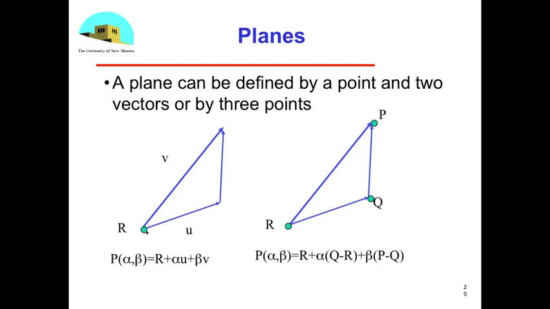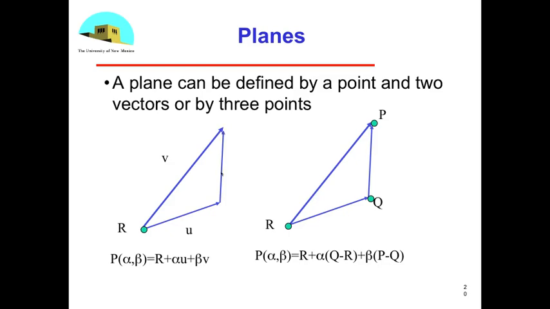So here's how it works. Suppose you have a fixed point over here, and you have a vector u and a vector v. I can now talk about drawing a third vector from the head of u to the head of v, and so the tail of this new vector is at the end of u, and its head is at the end of v.